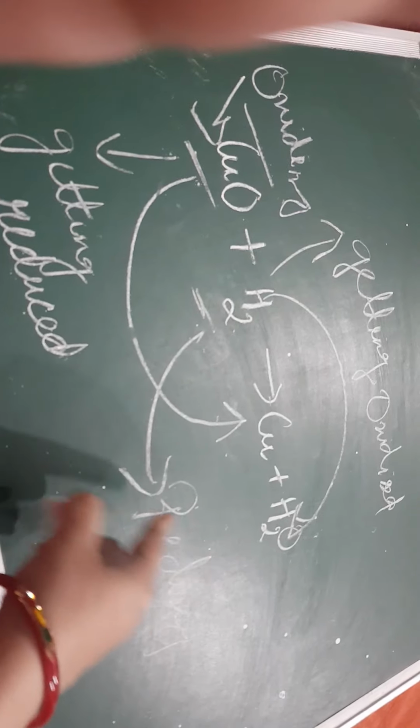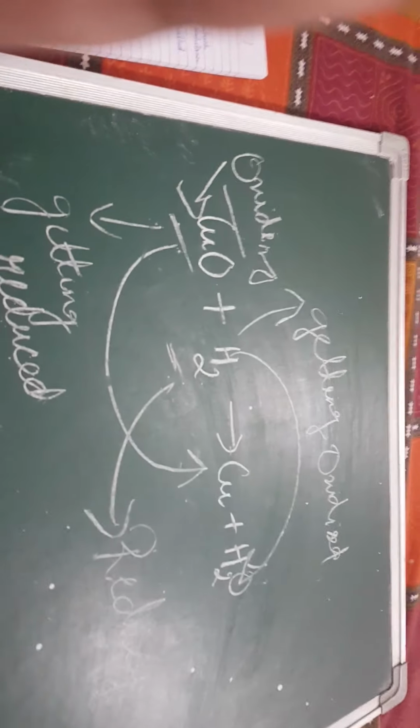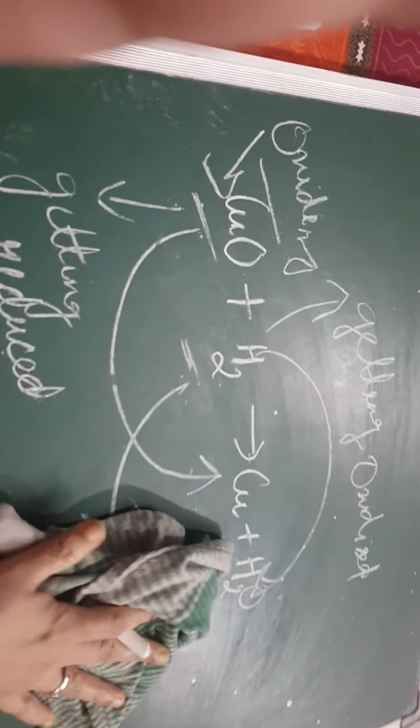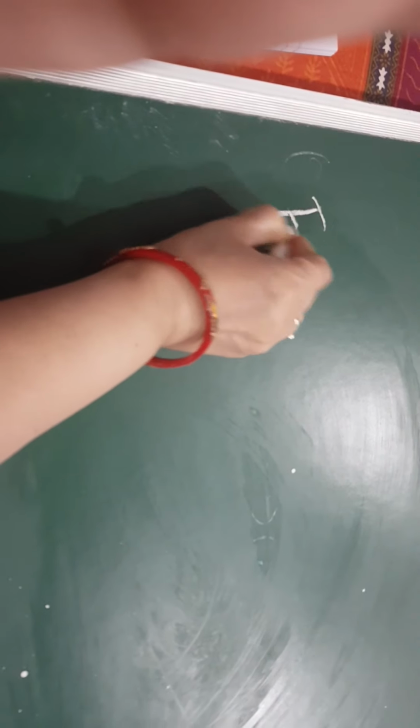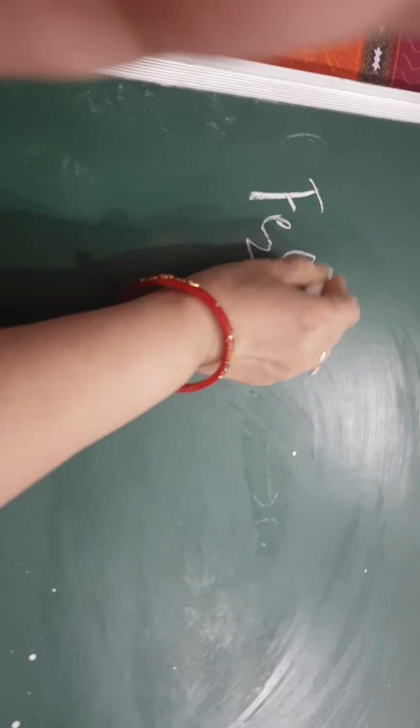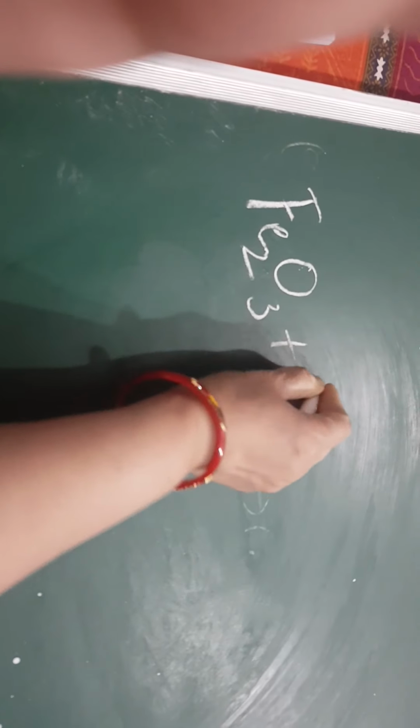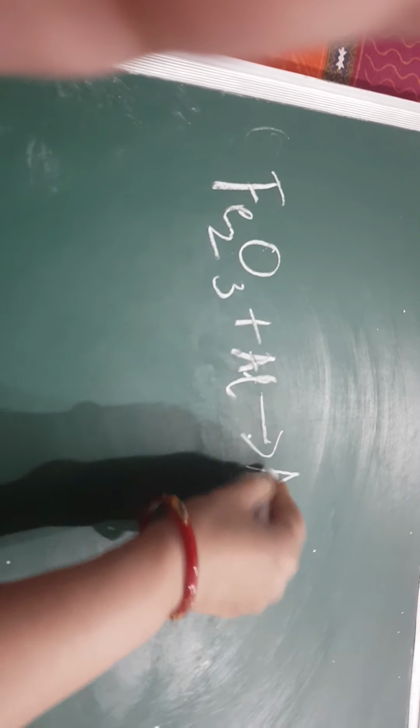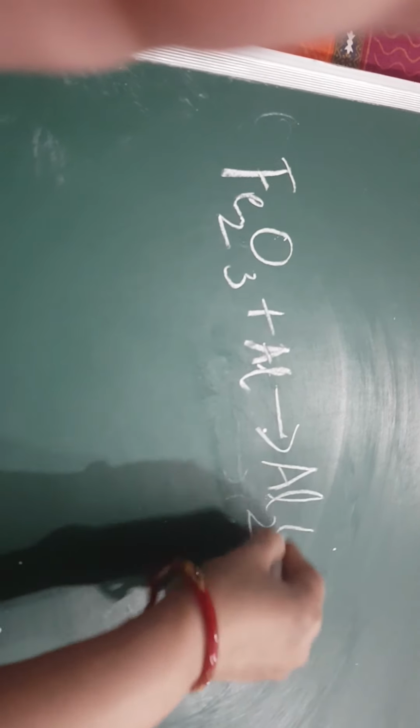I'll give you another example to make both the terms, oxidizing agent and reducing agent, clear. Another example, children: Fe2O3 plus Al gives Al2O3 plus Fe.